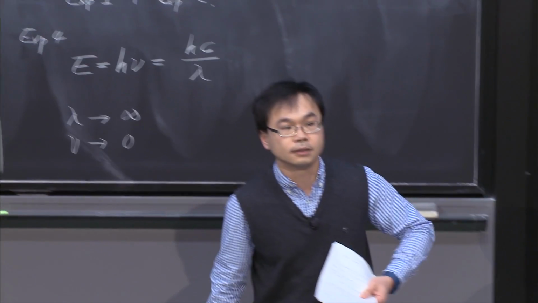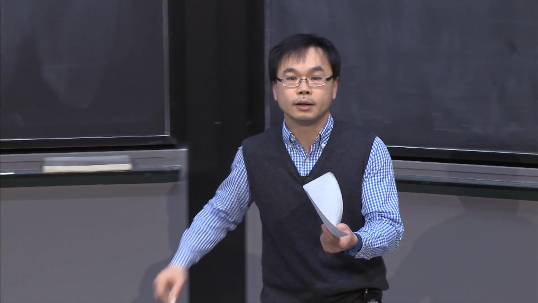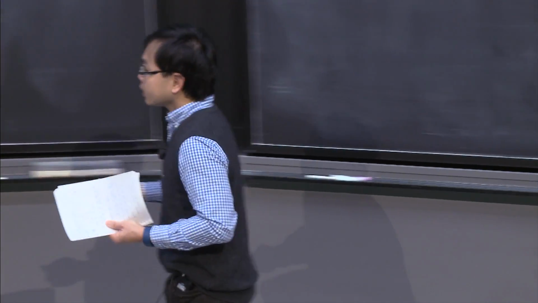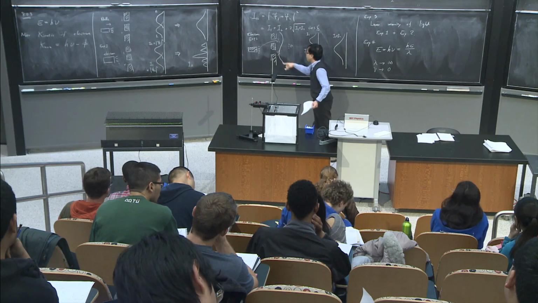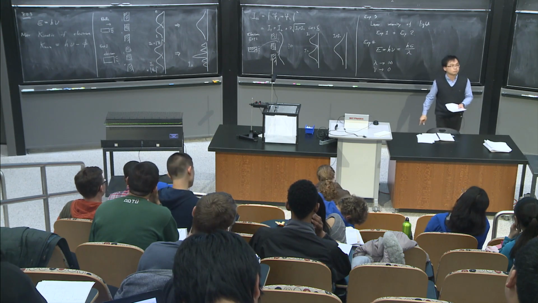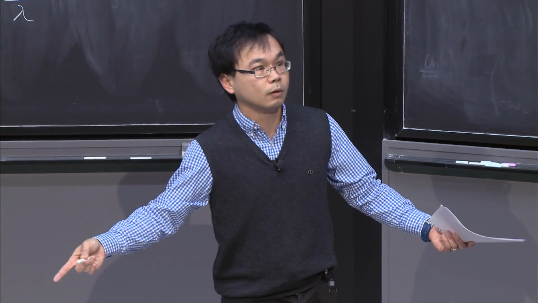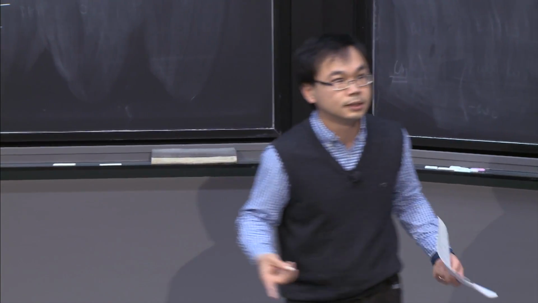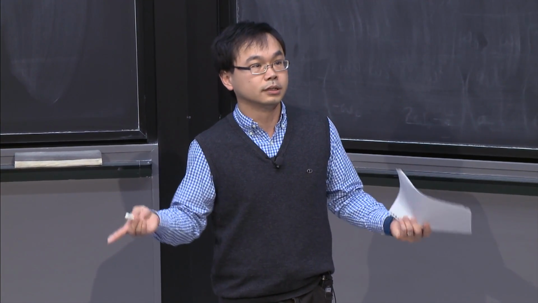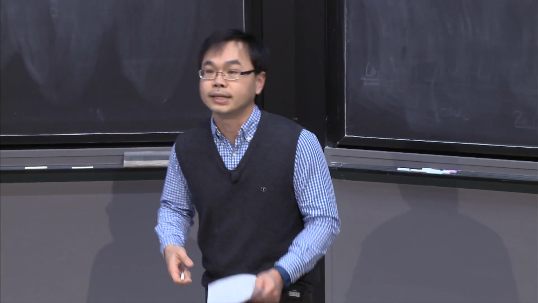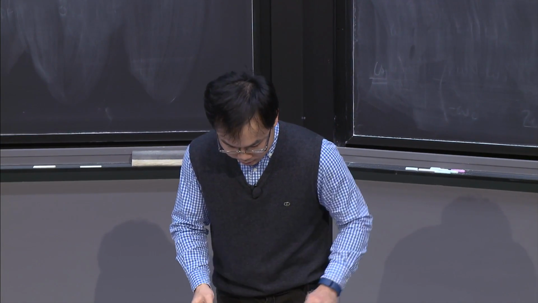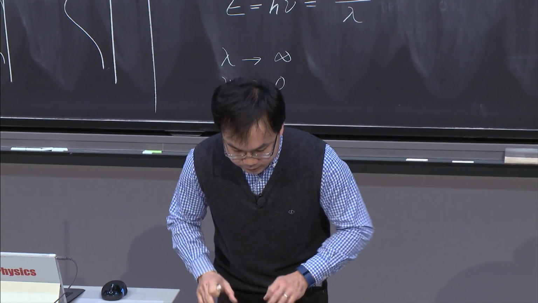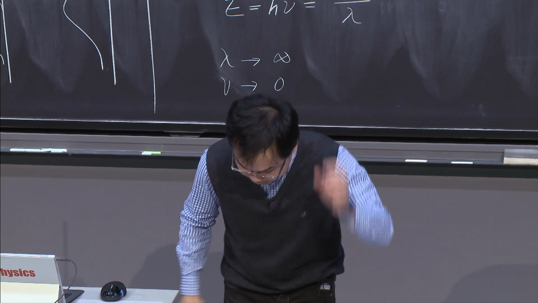If you observe some kind of scattered light from the electron, it could come from both slits because the wavelength is too long, right? So if you go to infinity, then it's like you have a constant electric field there. It doesn't help you identify which slit the electron actually passed through. Okay, so therefore the interference pattern reappears.